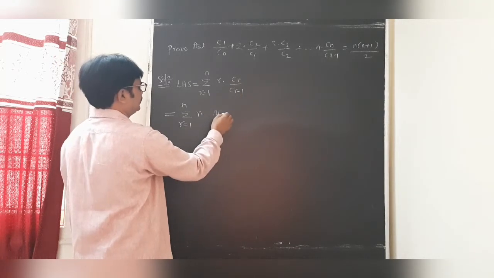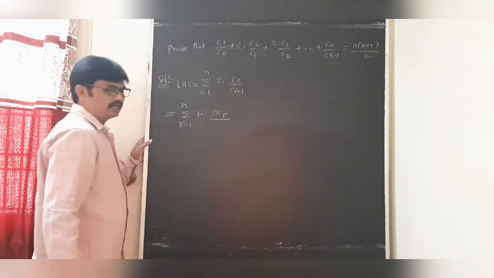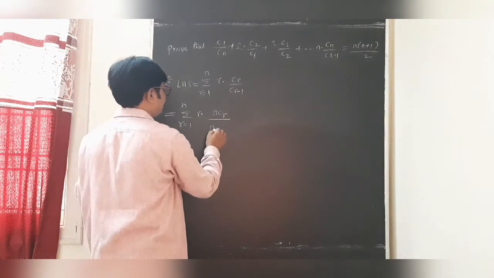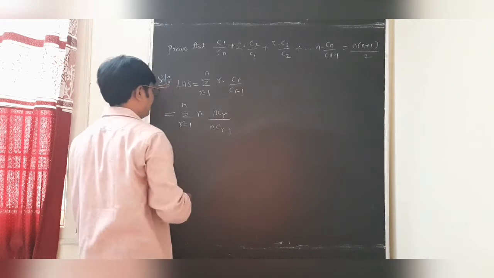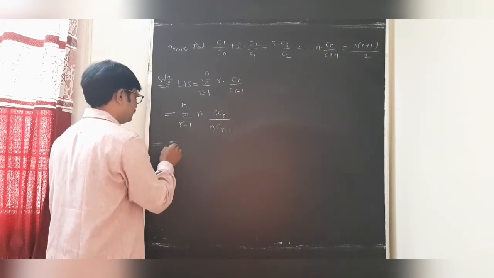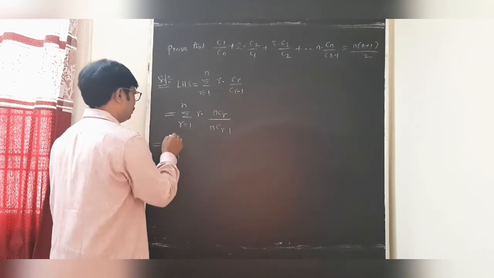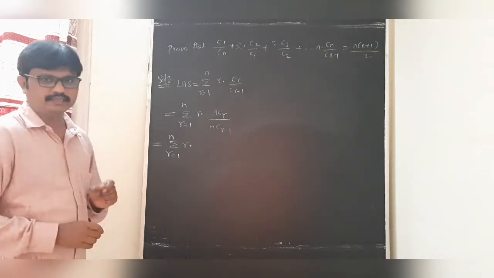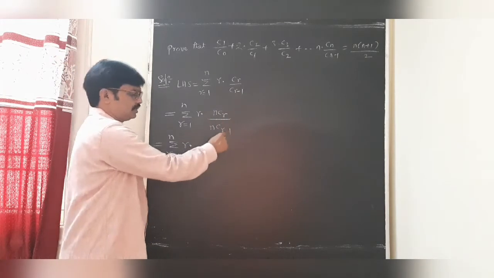Cr is nothing but nCr, and Cr minus 1 is nCr minus 1. So, sigma r equal to 1 to n, r into nCr by nCr minus 1.